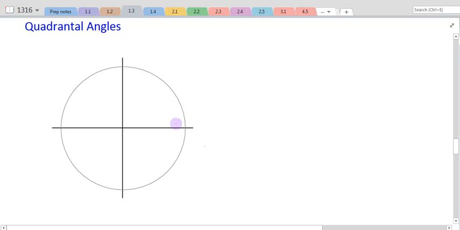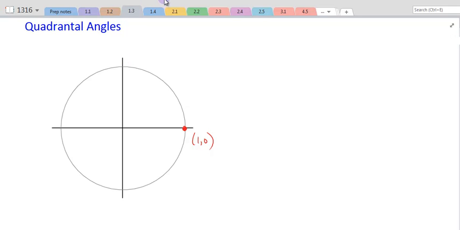So let's say that we have some point here given by the ordered pair 1, 0. In other words, it is 1 unit away from the origin. And as I rotate this point around this circle, when it comes here to the top, we have traveled a distance of 90 degrees. So we want to write that on here.